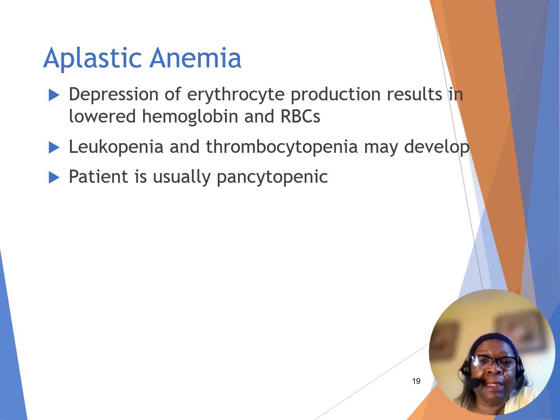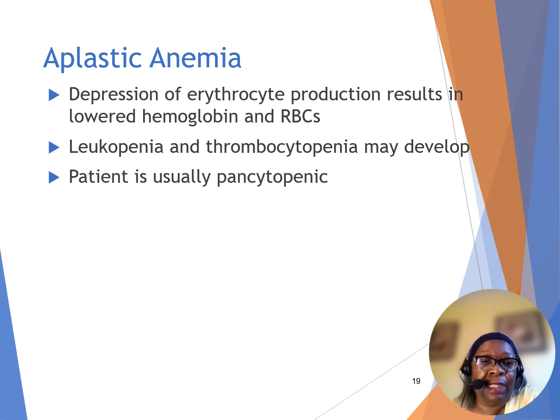Leukopenia and thrombocytopenia may develop, and the patient is usually pancytopenic. What is that fancy word? The patient has low blood cells of every kind, white, red, platelets, whatever, and presents when there is damage to the bone marrow.